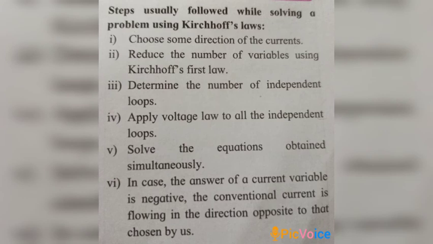Fourth step, apply voltage law to all the independent loops. Fifth, solve the equations obtained simultaneously. Sixth, if the answer of a current variable is negative, the conventional current is flowing in the direction opposite to that chosen by us.